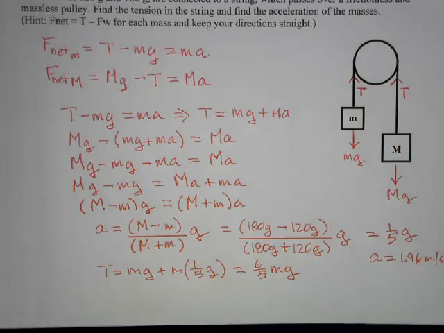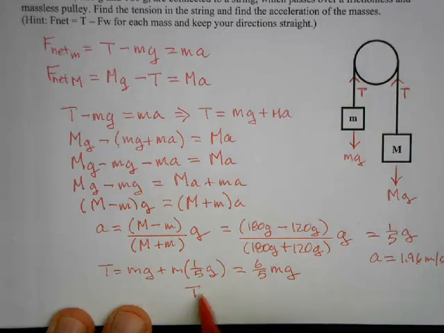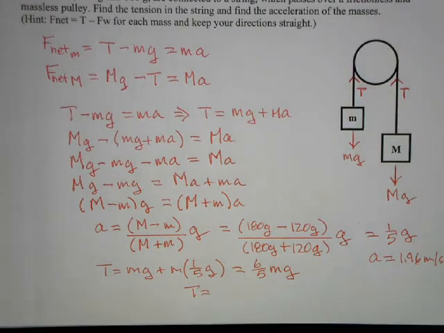Our T, on the other hand, the tension in the string, okay, that's going to equal, let's see, our mass for the little one was 120, which, if you divide, we have grams here, so grams divided by 1,000 to turn it into kilograms would make it 0.12, and then, of course, times gravity.